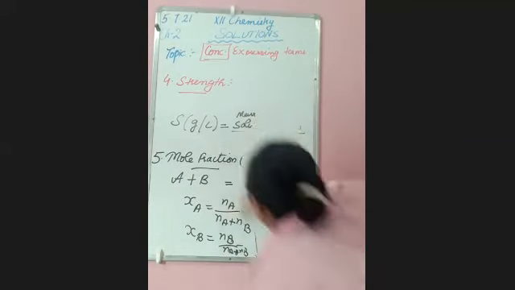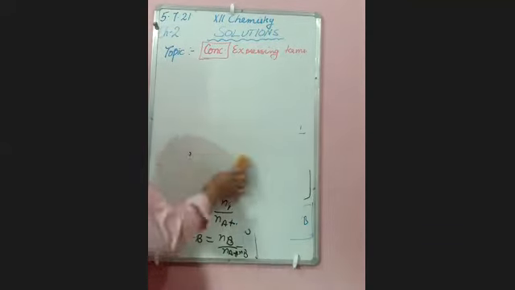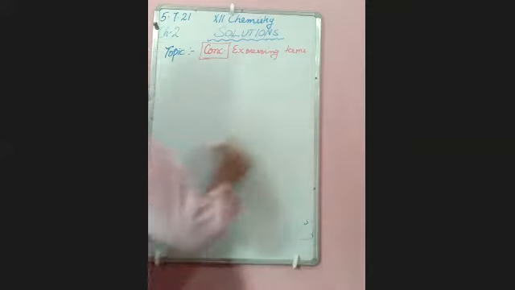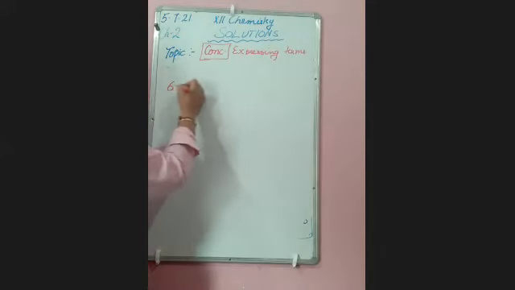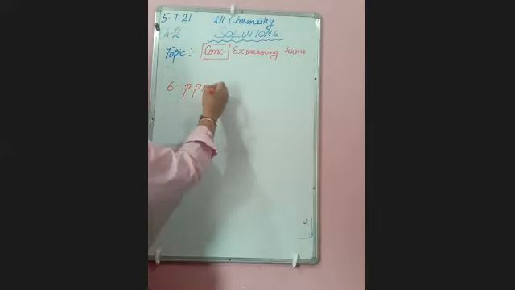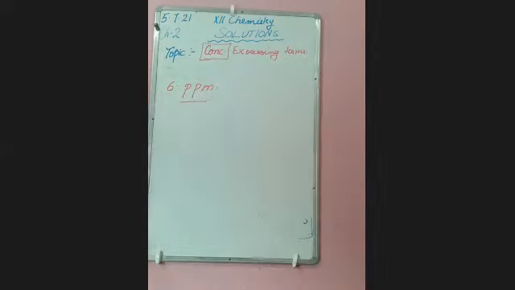Now next is parts per million. Million means 10 raised to power 6, which means the mass of solute present in 1 million parts by mass of solution.